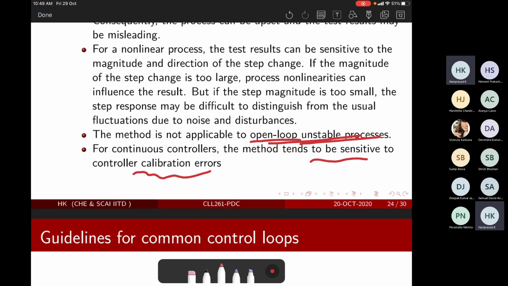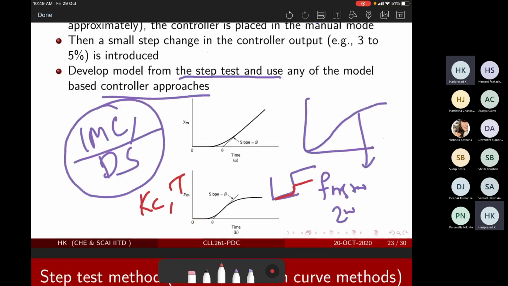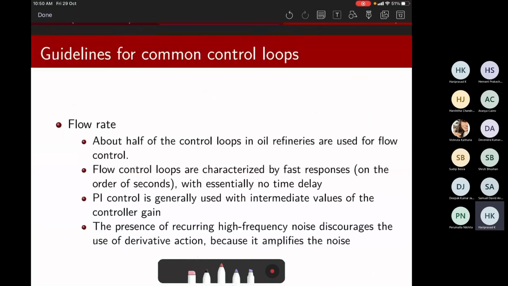It is also kind of sensitive to controller calibration error if it is continuous control, because if your controller is not properly calibrated, some issue could pop up. So what I am trying to say is, this approach would yield you a model, and once you have the model, go back and do the direct synthesis and the IMC.